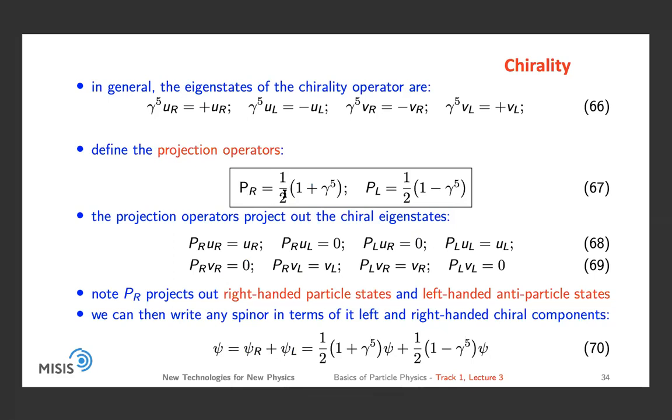P right, which is equal to 1/2 (1 plus gamma 5), and P left, which is equal to 1/2 (1 minus gamma 5). These projection operators project out the chiral eigenstates. So the right one projects out the right chiral eigenstate. When it acts on the left one, we get 0, and vice versa. And then we can write any spinor, psi, as the sum of the left-handed and right-handed chiral components, always. So you just split it in two parts like this.